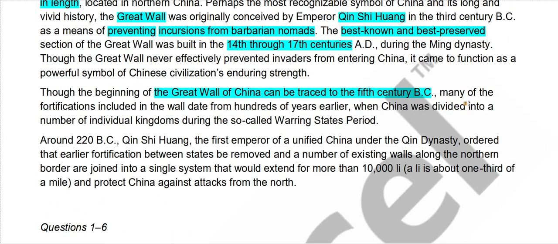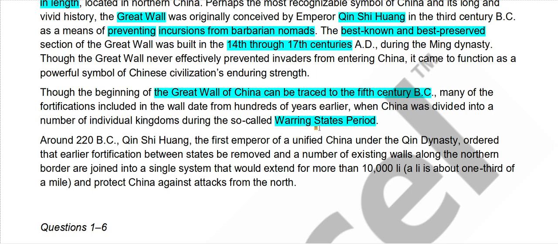Okay, moving forward: many of the fortifications included in the wall date from hundreds of years earlier, when China was divided into a number of individual kingdoms during the so-called Warring States period. So warring basically means wars.